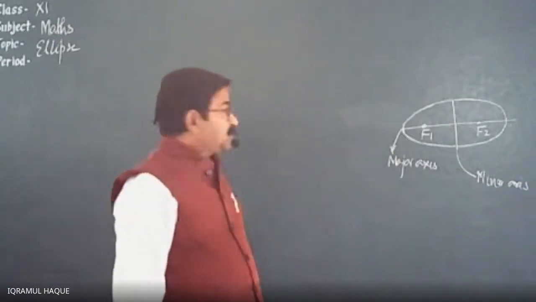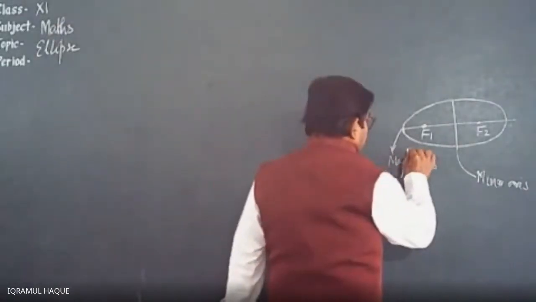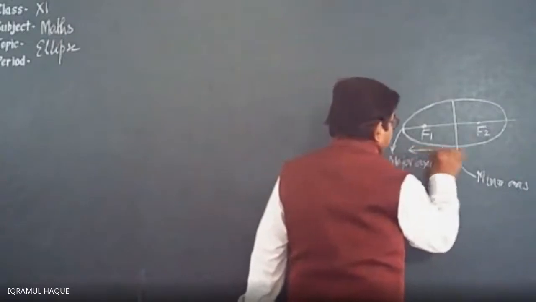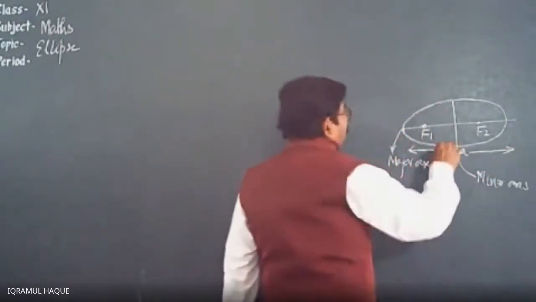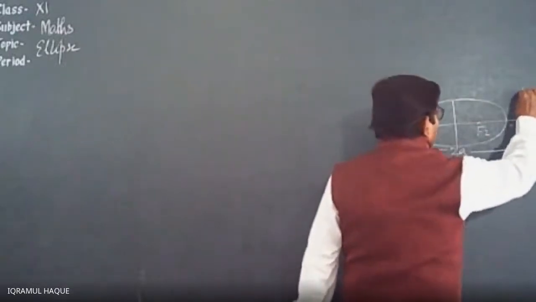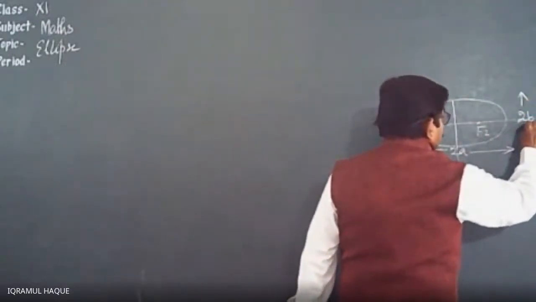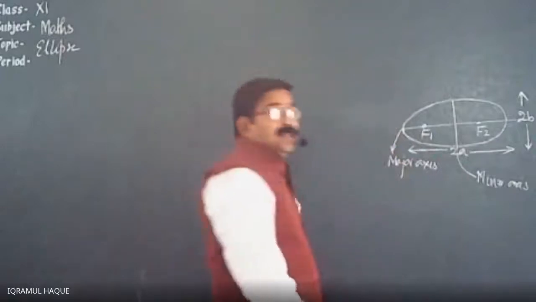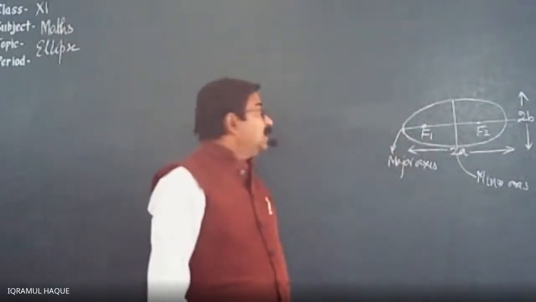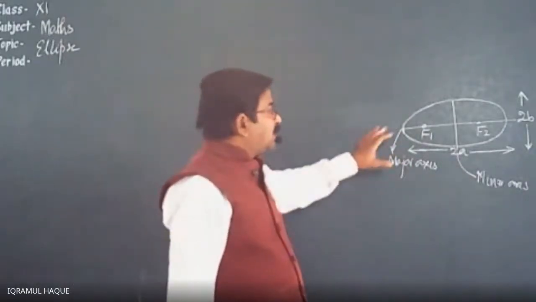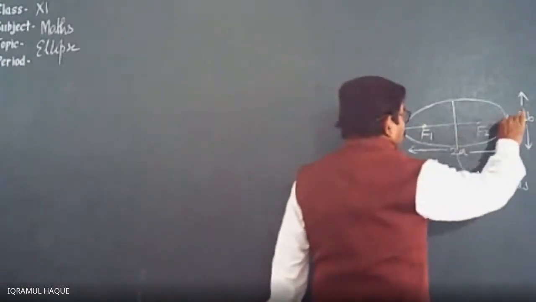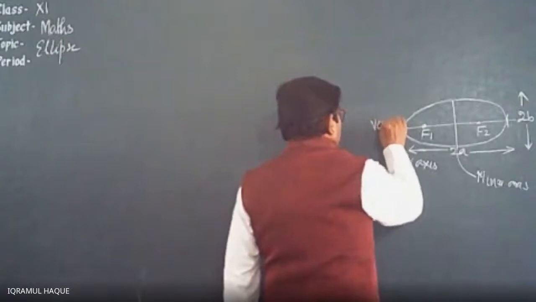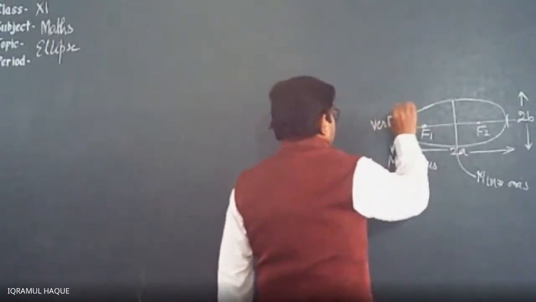The length of the major axis is 2a and the length of the minor axis is 2b, and these two end points are called vertices.